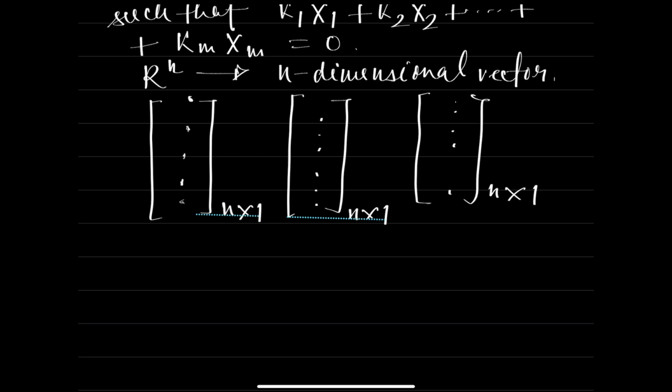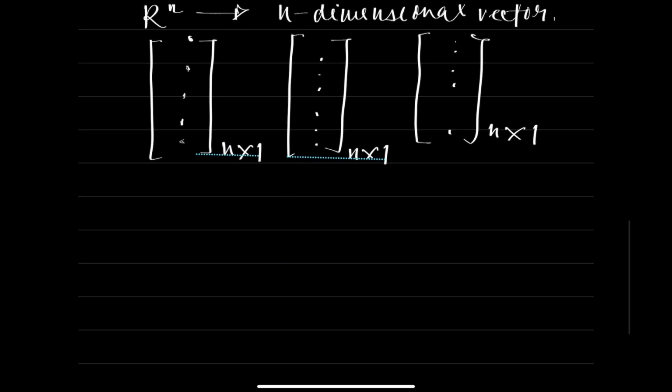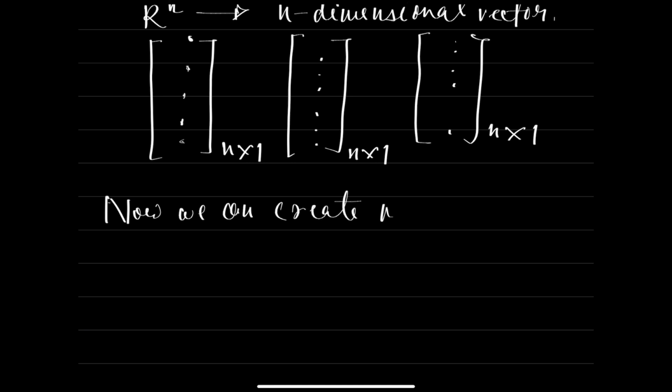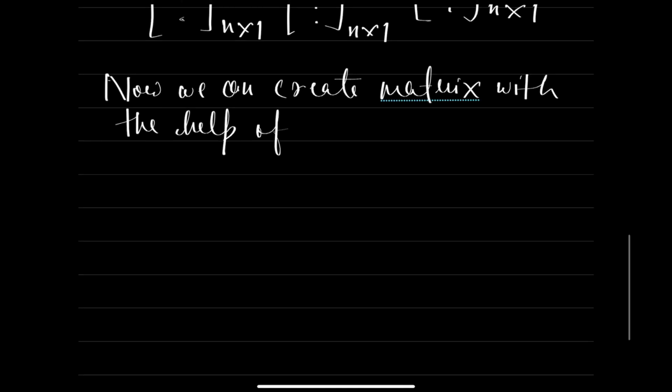Now we have n vectors of dimension n, so we can create a matrix with the help of these vectors.